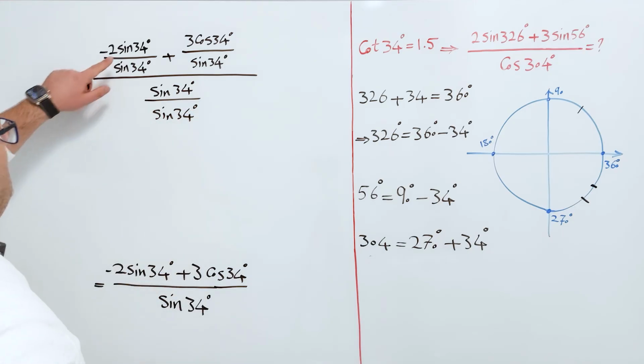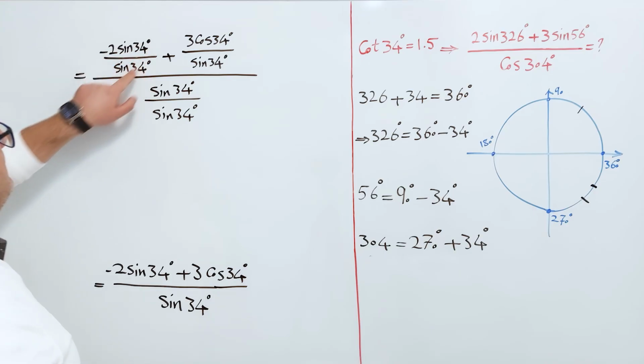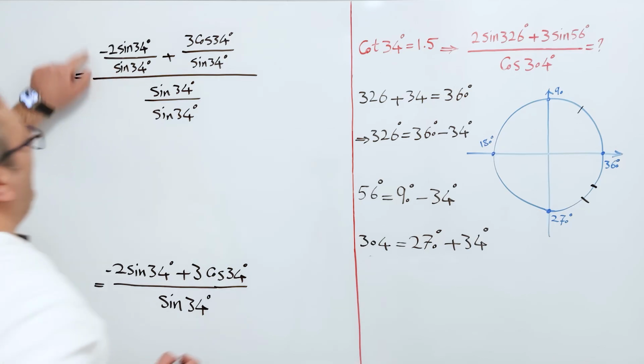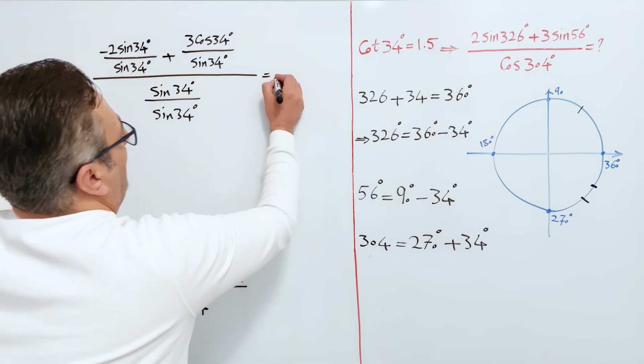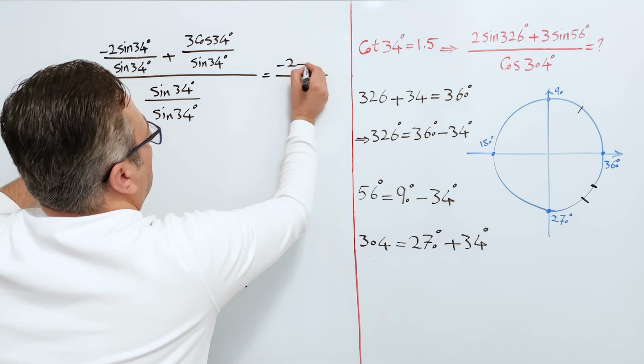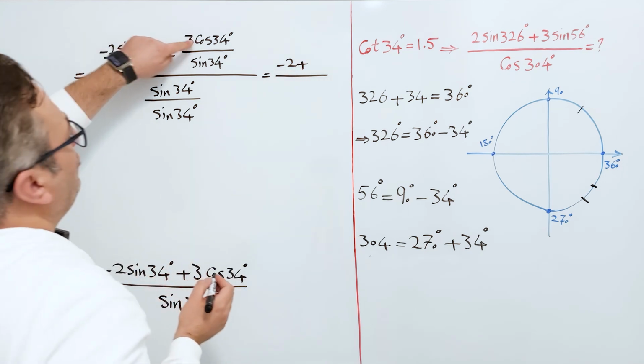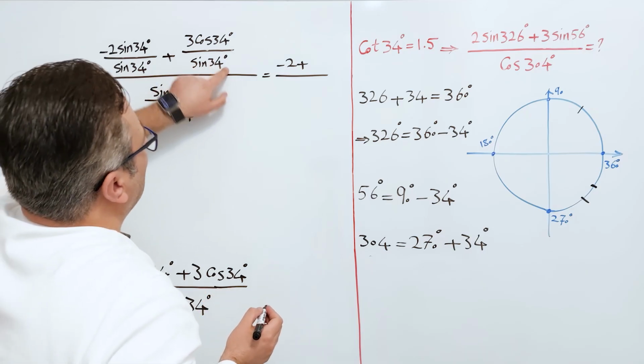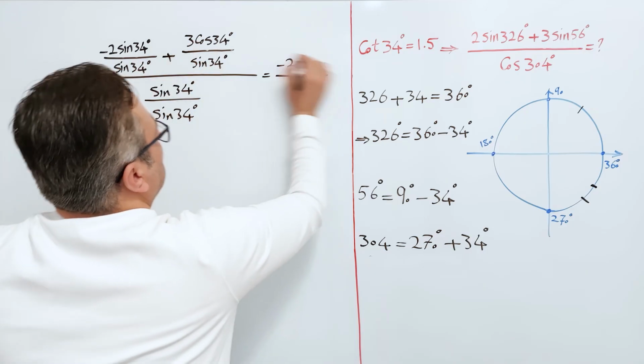Okay, so sine of 34 degrees divided by sine of 34 degrees cancels out, and we have minus 2 plus 3 cosine 34 degrees divided by sine of 34 degrees, which is cotangent.